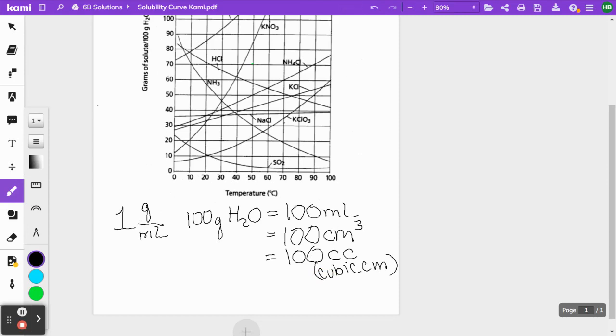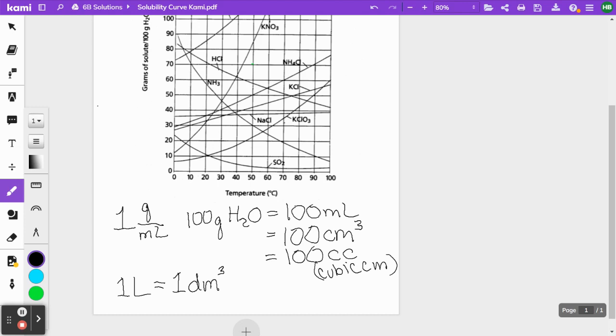Another important one that I want you to remember is that 1 liter is also a derived unit. 1 liter is the same as 1 decimeter cubed. There's 10 centimeters per decimeter, so 10 times 10 times 10 is 1,000. And notice, if you remember, there's 1,000 milliliters in a liter.